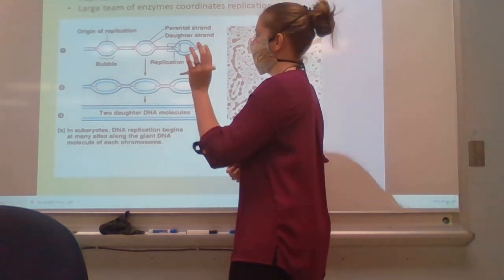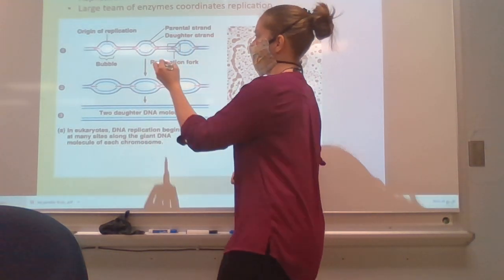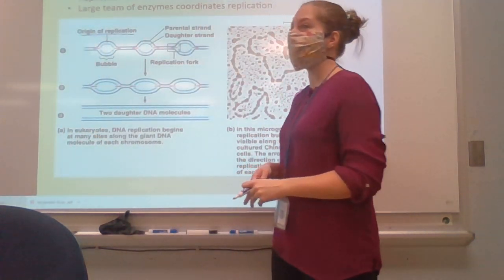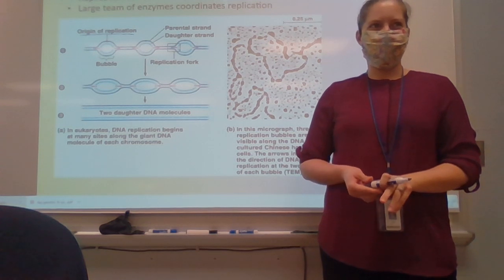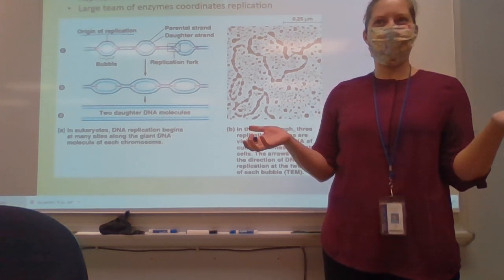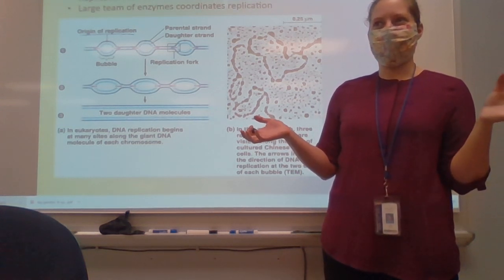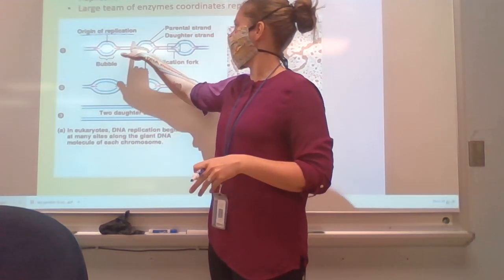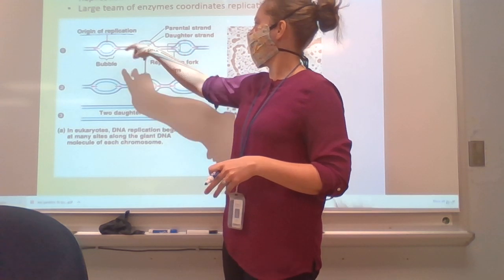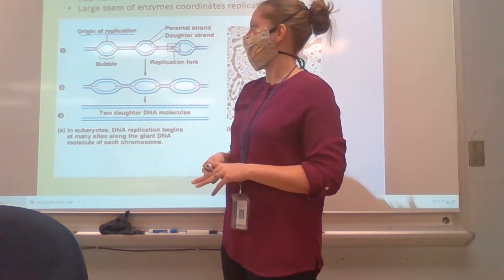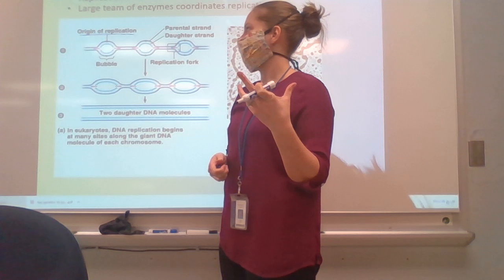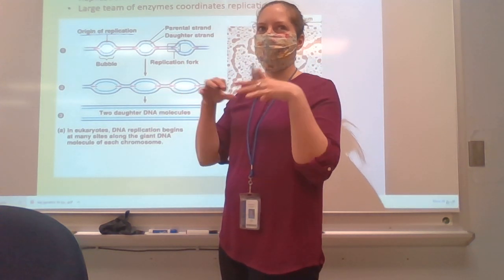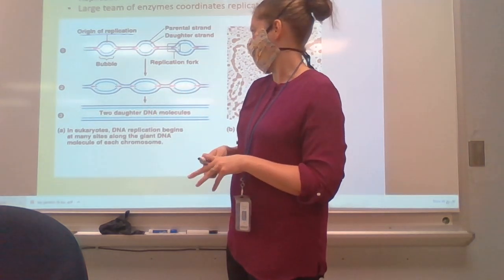So, a couple things about these starting points. Replication always starts at what we call the origin of replication. It's pretty straightforward, right? Origin means like the beginning of replication. So you'll notice these dots are there every so often along the chromosome. There's a specific sequence or set of sequences of DNA that allow the enzymes to attach and start the replication process.